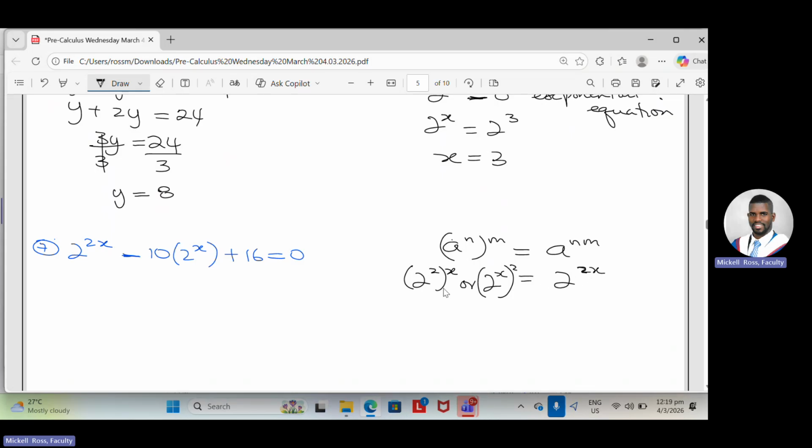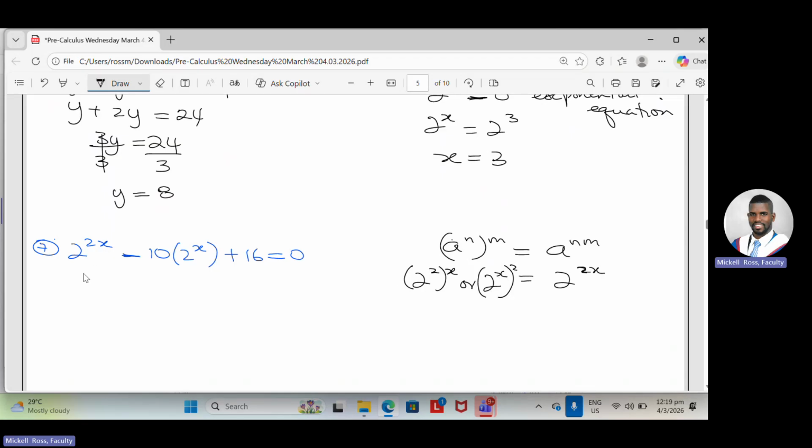Multiplication is commutative on the set of real numbers, even when you have variables. So the order in which you multiply them will not change the result. So because this is a 2 to the x, we're going to use this one that is 2 to the x squared.